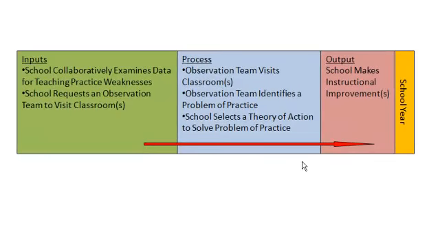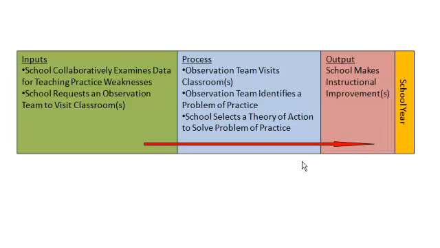What happens is that the inputs are very different from the beginning. The school begins by collaboratively looking at its data sets, looking at its subgroups. There might even be some qualitative data, there may be survey data, there may be standardized test scores or other kinds of achievement data.